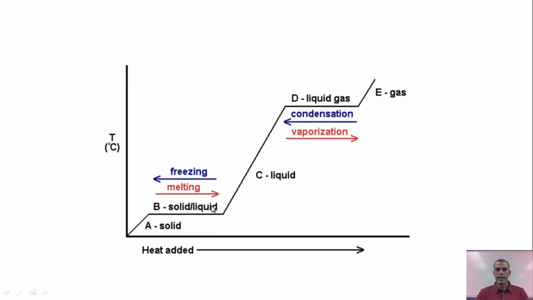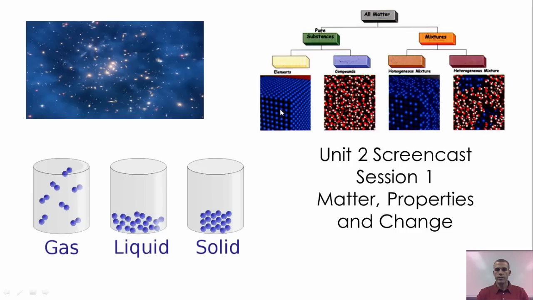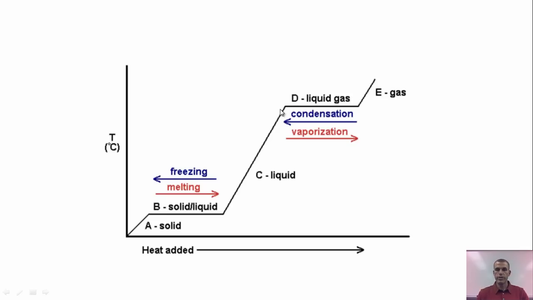As that solid starts to melt, we hit the liquid state eventually, and then you can see there has to be a big increase in heat, which increases our temperature, and eventually we get to the point where it plateaus off again.